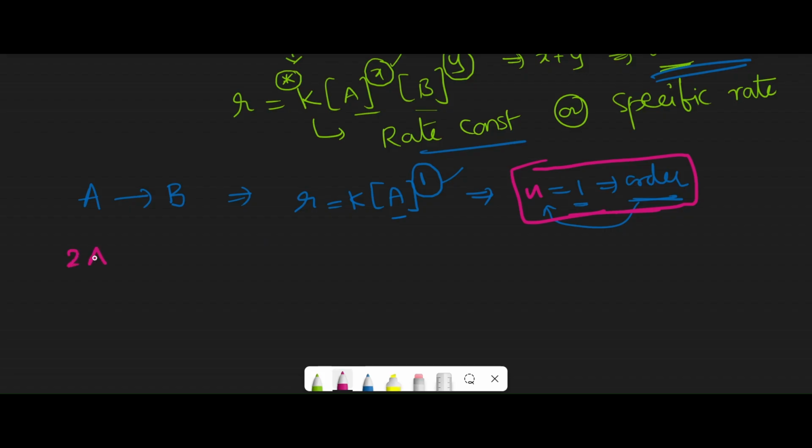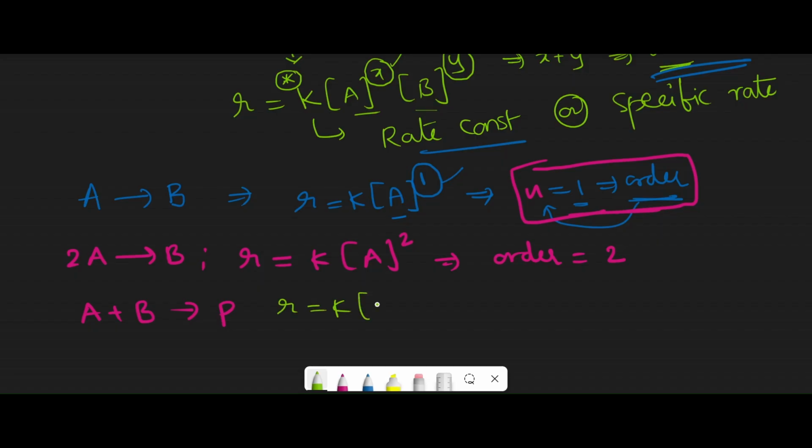Suppose I have taken a reaction like this. The experimental data reveals that R equals K into A square. Hence the order of the reaction is 2. Suppose they have given that, as per the experimental data, A plus B gives rise to P. Then what is the order of the reaction?